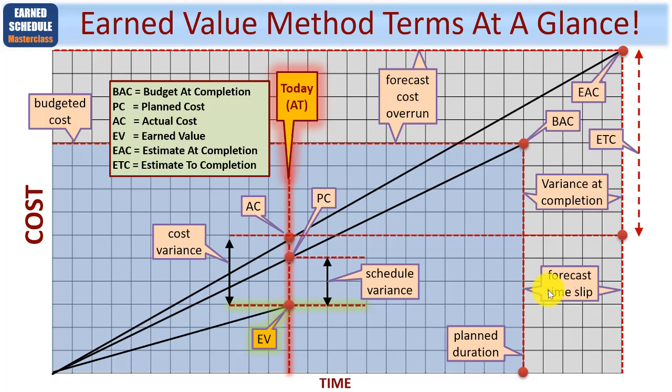And this would be your forecast time slip based on this data here. This, of course, being your variance at completion in terms of time. But again, let me reinforce the point. Because you're using earned value, these time variances are derived from cost units, not actually from schedule units. So that's a nice diagram here to show you the big picture of earned value.